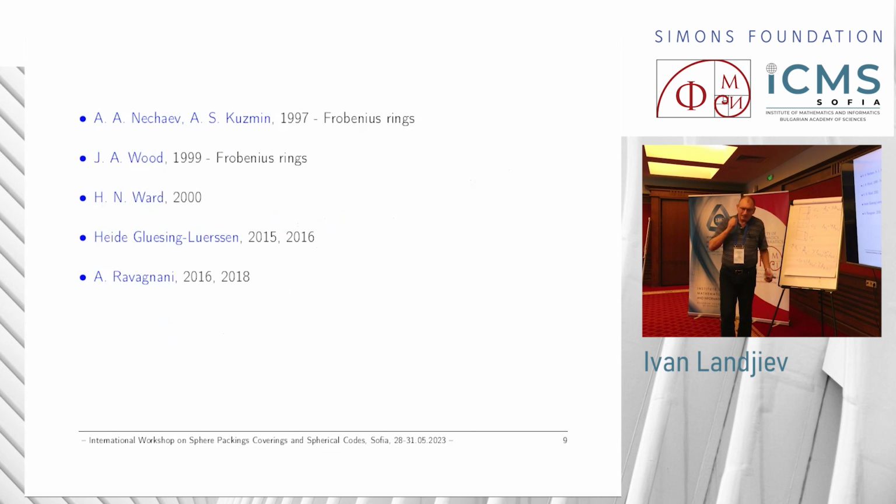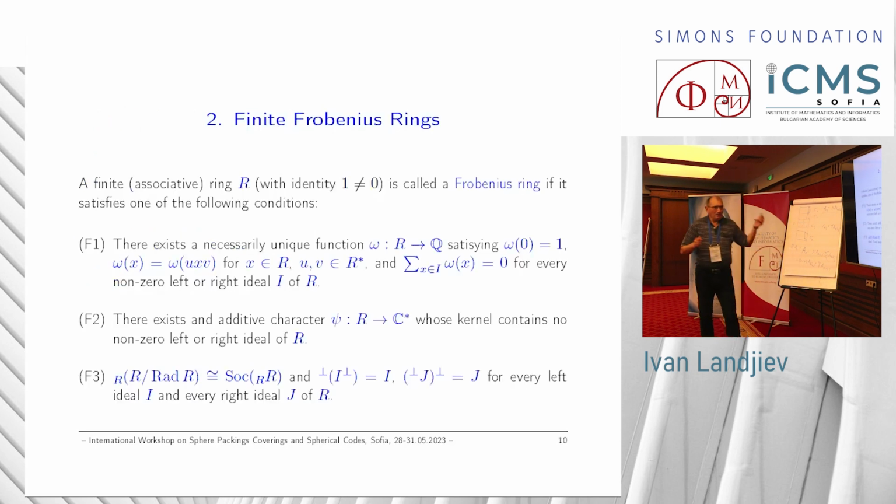They thought that these are the rings which are important for coding theory, and this is a rather large class of rings. They contain all the chain rings, but also various matrix rings and all that. Okay, so what are Frobenius rings? Frobenius rings are finite associative rings with identity.